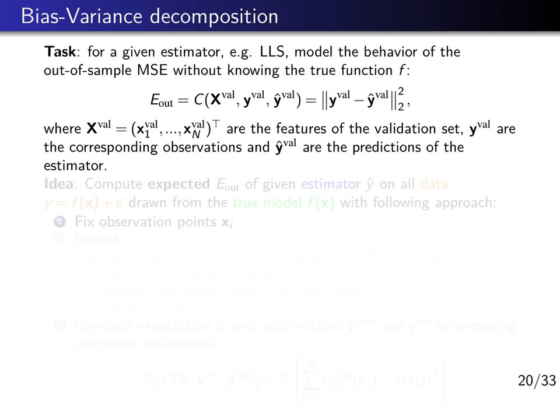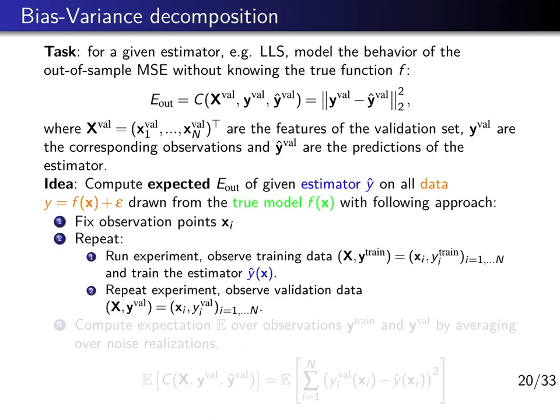How do we do this? How can we say something statistically relevant about the validation error E out? The idea is the following. We define the set of data on which we operate. So essentially the inputs X are fixed. Now we say the model, whenever we sample such a data point and we obtain the label y, has to follow the generative model given here.